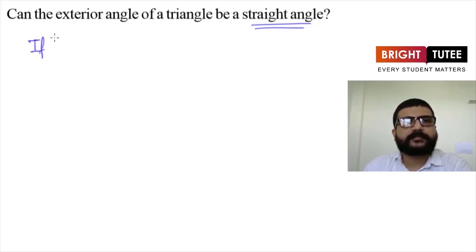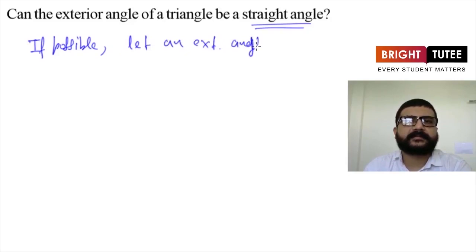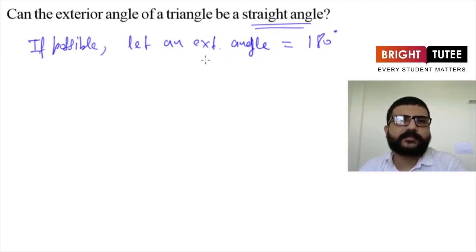So here we have assumed that one of the exterior angle of a triangle is 180 degrees.